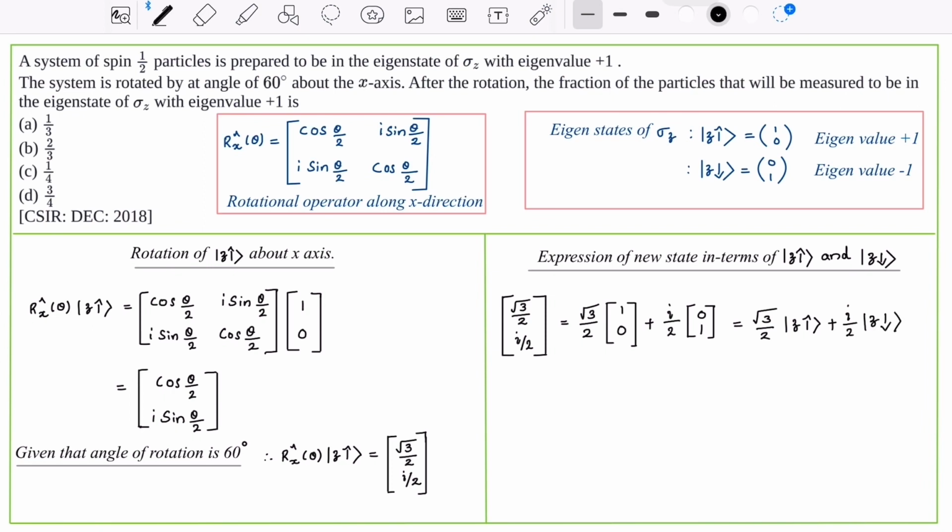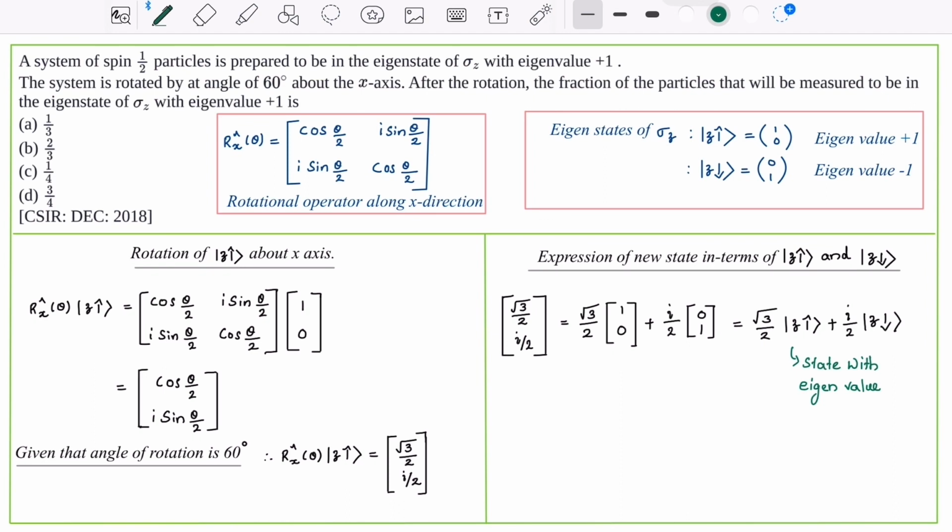That is a linear combination of spin-up and spin-down states. Here the state z up is actually the state (1, 0) with eigenvalue plus 1.